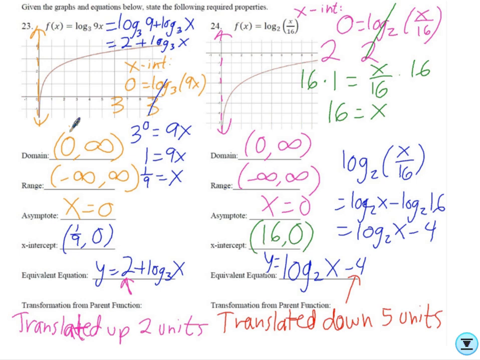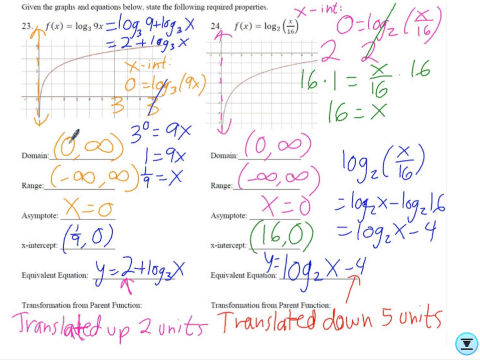Now, the domain, the range, and the asymptote. Now, the asymptote here, because we're not moving left or right from the original parent function of log base 3 of x, the vertical asymptote is here on the y-axis, which is x equals 0. The domain for every logarithmic function is based upon the asymptote. So since the asymptote is x equals 0, the domain is 0 to infinity.